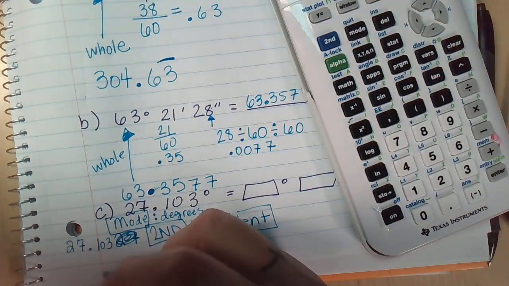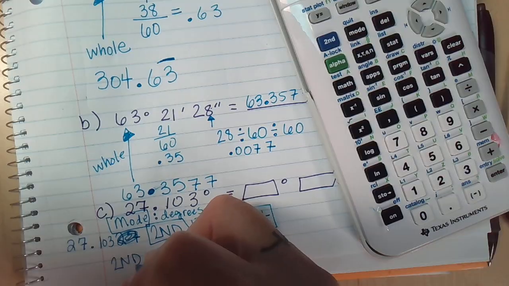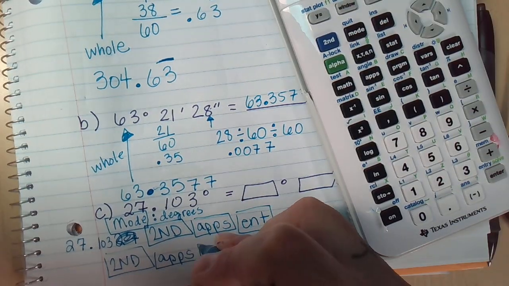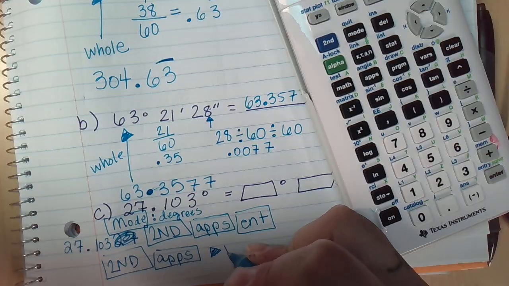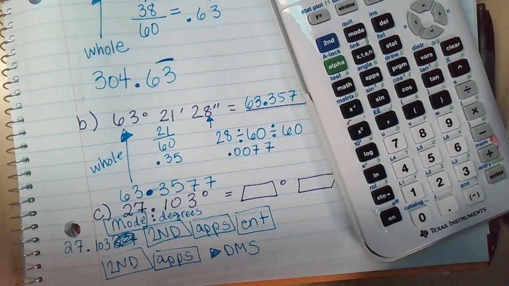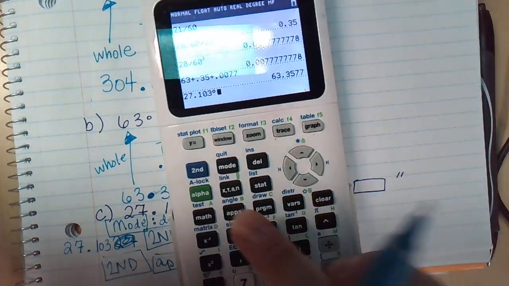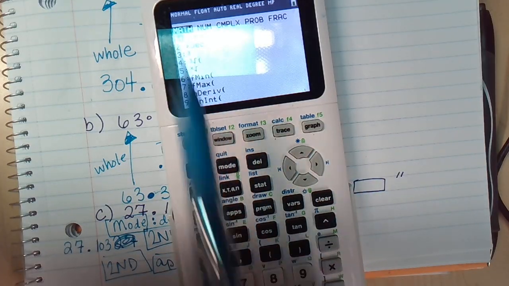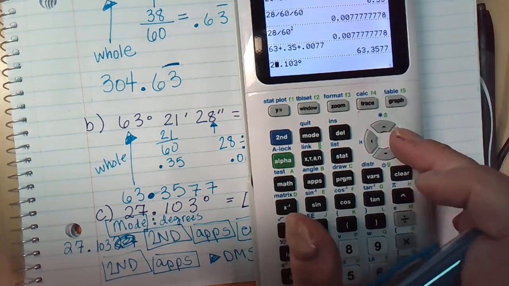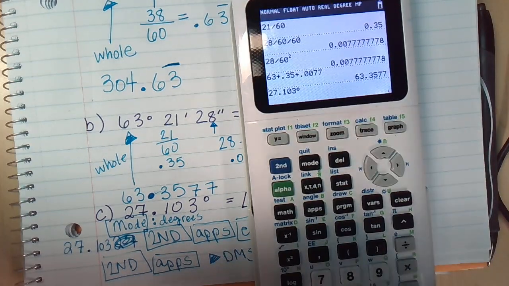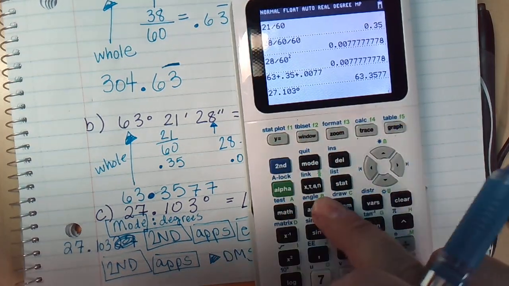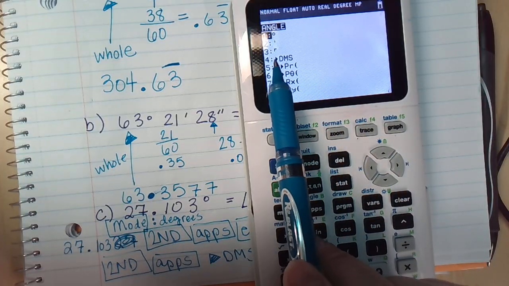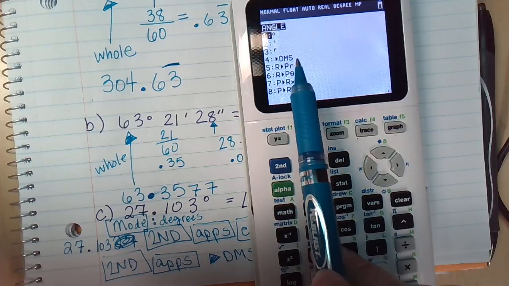Then we're going to go back to second apps. And there should be something that says DMS with like a weird little triangle thing. We kind of saw something like that when we were looking at the math, enter for taking decimals to fractions. Same thing here. After that little degree, I'm going to press second apps. And I want to choose the one that says little triangle. That means take me away to degrees, minutes, seconds.